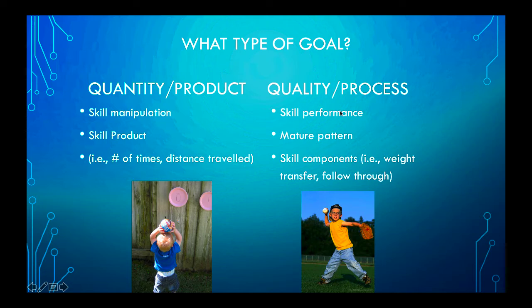We're just working on that skill of a plank as far as quality and process. So that's really only one kind of area of skills would be fitness that we might work more in quantity and product. But once the individual is able to perform a skill in a mature pattern, then yes, we are switching over to quantity and product.